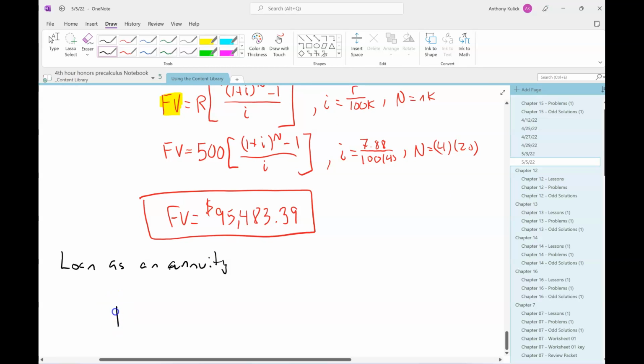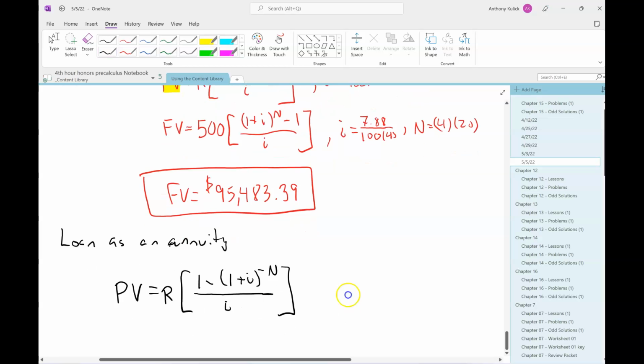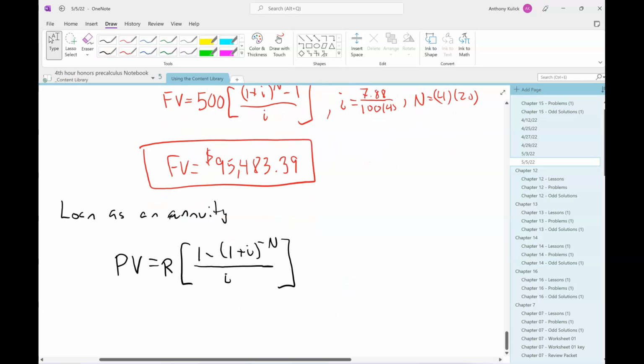So this is our annuity formula for a loan. Everything here is the same, except now we have this PV.